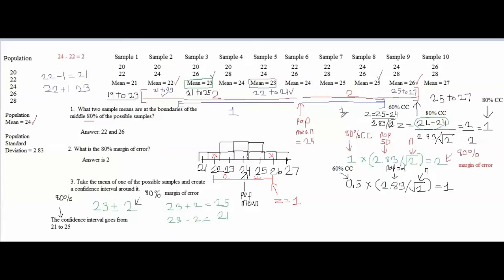And I said that 1 is a 60% margin of error because it's the distance from the population mean to the lower and upper boundaries of the middle 60% of these samples. The new confidence coefficient makes it come out to the 60% margin of error. So it's really the confidence coefficient that we plug in that determines what margin of error we get.